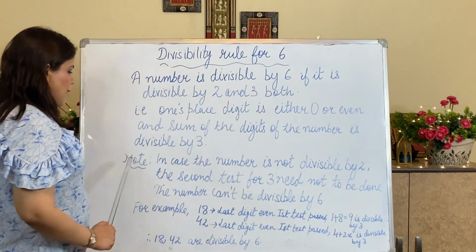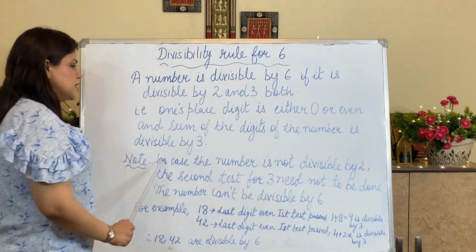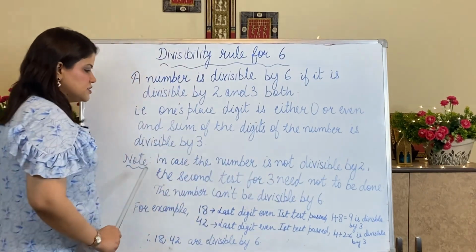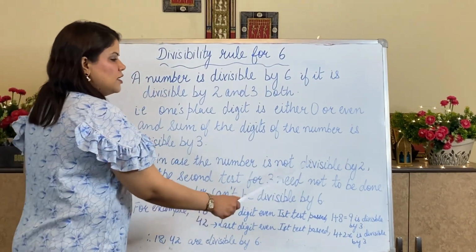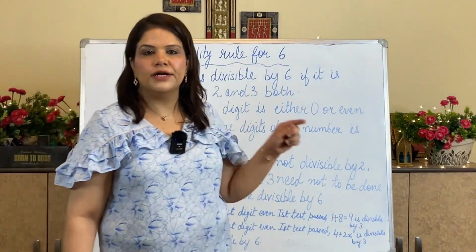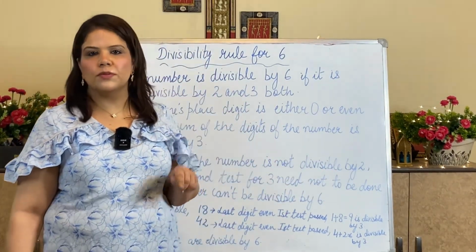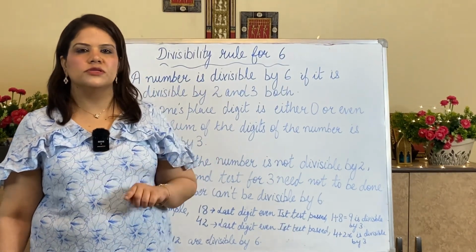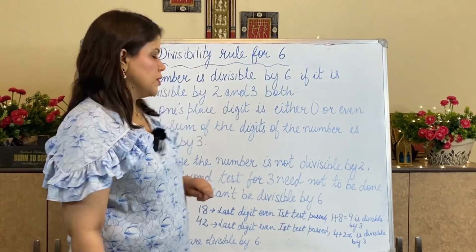But what will happen? Let us check this note. In case the number is not divisible by 2, the second test for 3 need not be done, because if the number is not divisible by 2, that means it is not going to be divisible by 6. So I don't need to check for the divisibility of 3.